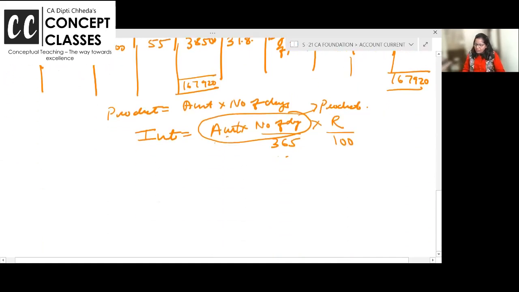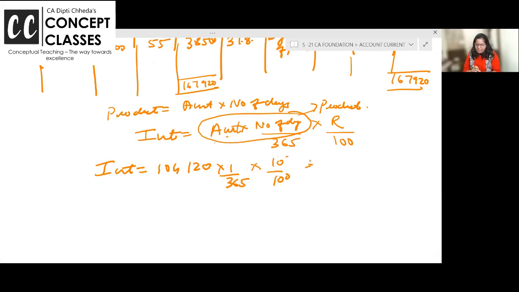Chalo. Now can I calculate? Interest is 104,120 into 1 by 365 into 10%. How much interest are you getting? 104,120 divided by 365 into 10%. 28.53.